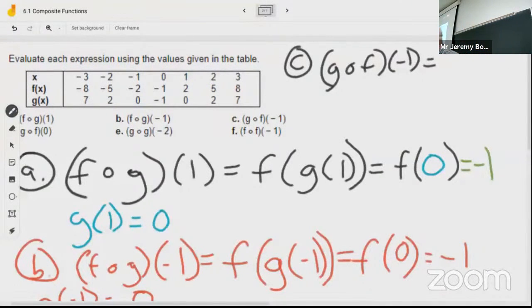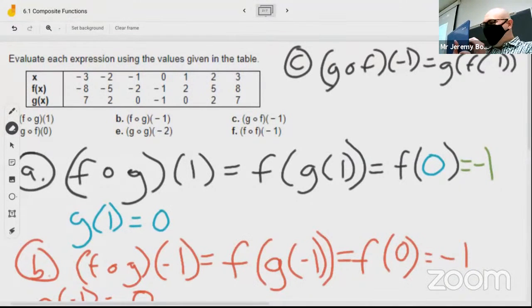It's the same way, with the G on the outside. Yes. So it's going to be G of F of -1. My negative is really bad, but I'm going to fix it. It's going to annoy me.